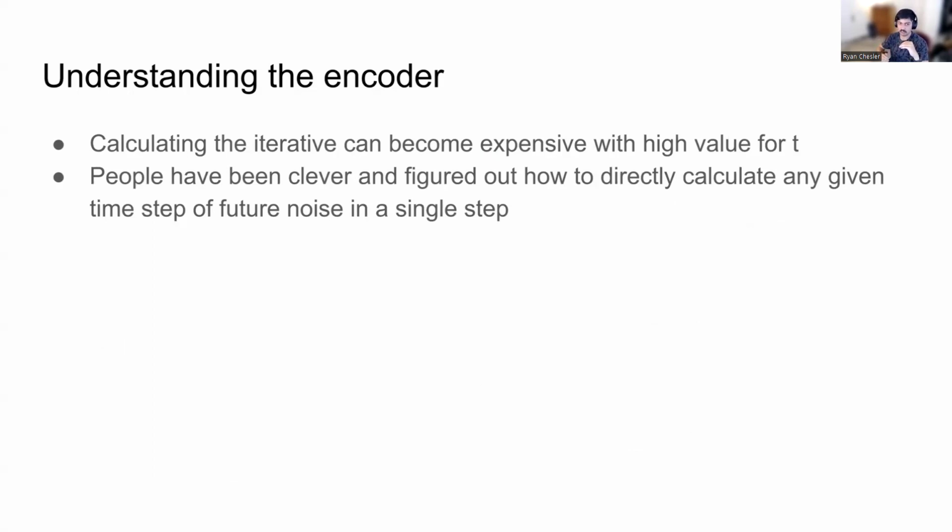People have figured out some clever tricks in the math to be able to go straight from 0 to 970 and 971, and then you can figure out what's the noise that's applied there. That saves you 1,000 steps of calculation of applying noise over and over again. So that's one of the tricks that's very useful to speed up training these kinds of models.